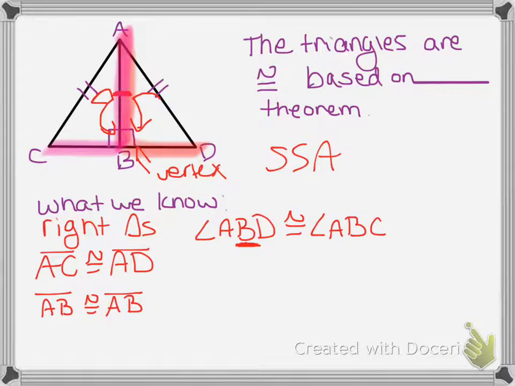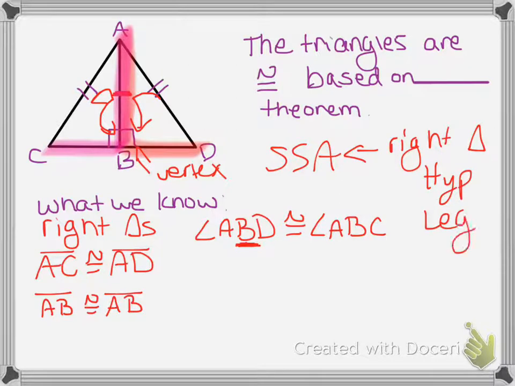But we're looking at a right triangle. So if you get this result in a right triangle, that means that we know the hypotenuse and the leg. So the 2 triangles are congruent based on the hypotenuse leg theorem. So that's how we go from beginning to end to make our choice.